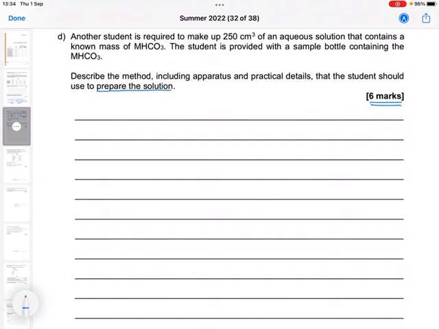So the kind of 3 stages really here: the first stage is weighing and transferring the mass. So this is all about the mass. The second stage, which I'll put down here, is then dissolving it in water.